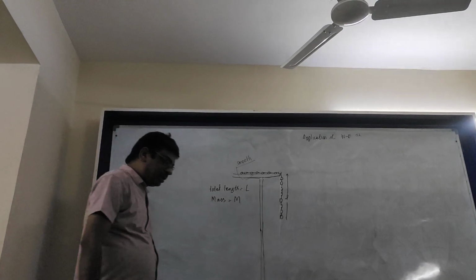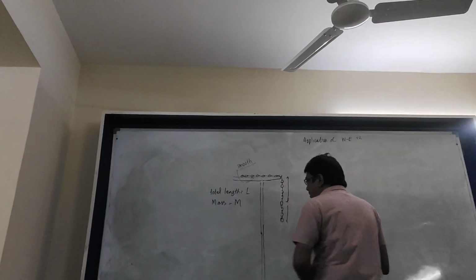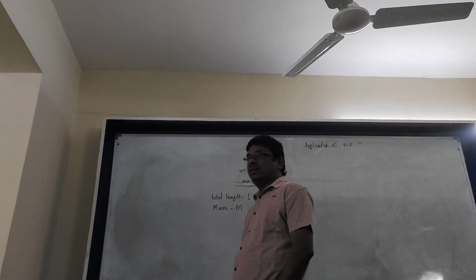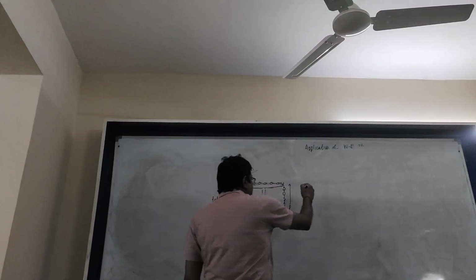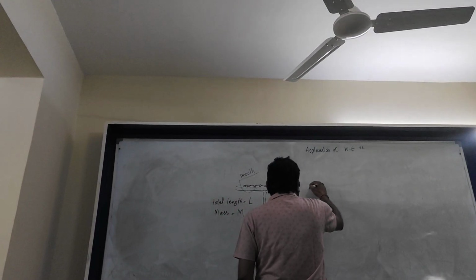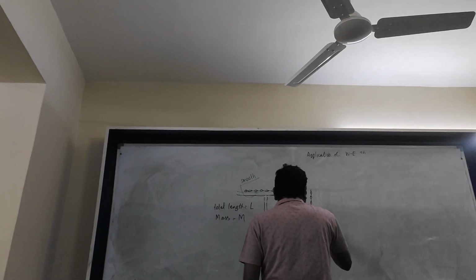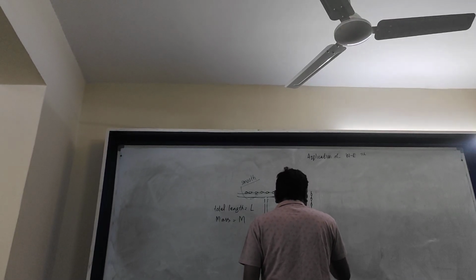Okay. So here again, this is the initial situation, and when the chain just leaves contact with the table, the chain position will be like this. This is the position of chain.